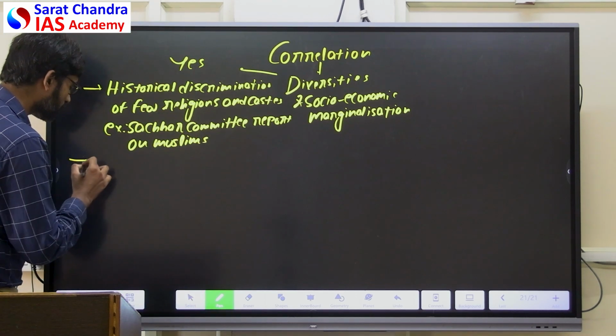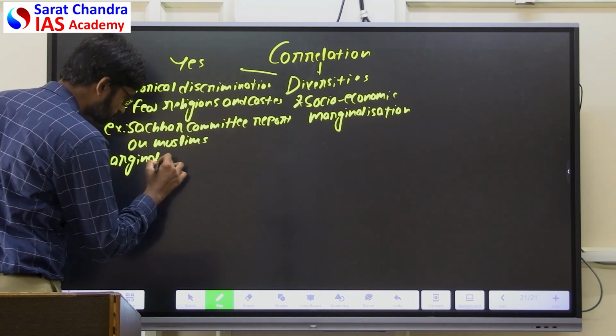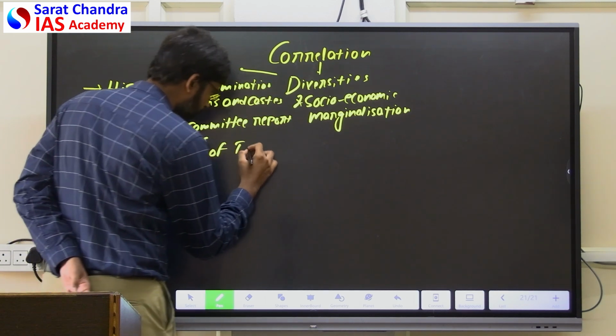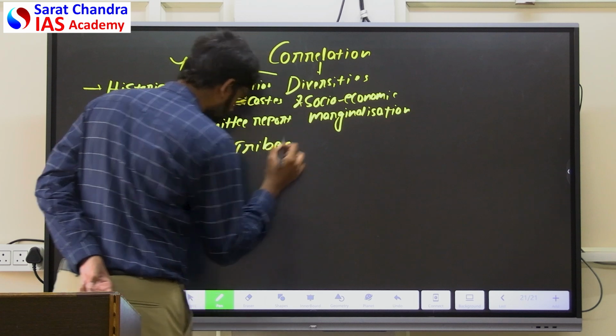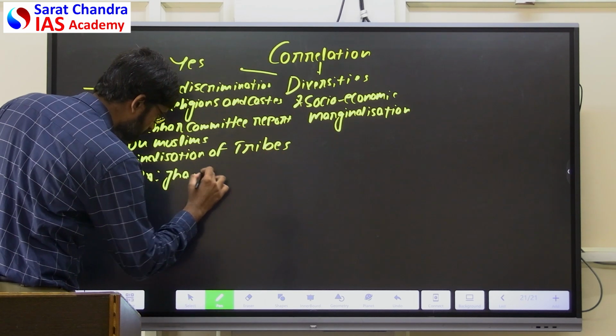Then we also talk about the marginalization of tribes. For example, the tribes present in Jharkhand and Chhattisgarh.